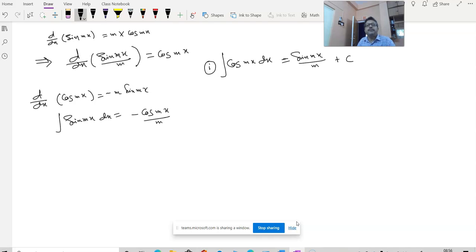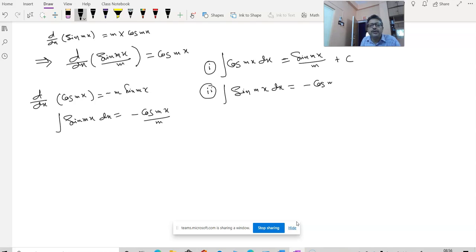So, in case of differentiation, we multiply the result by the constant with x and here we divide. You remember this manner, and let us rewrite the whole formula list for trigonometric functions and exponential functions at least.